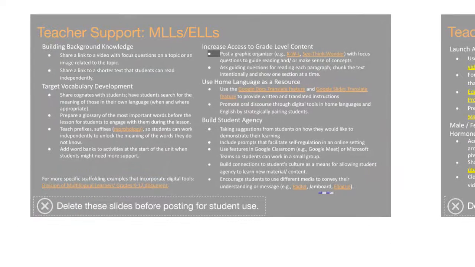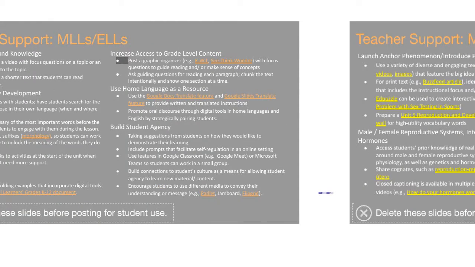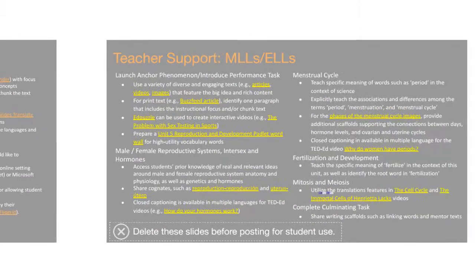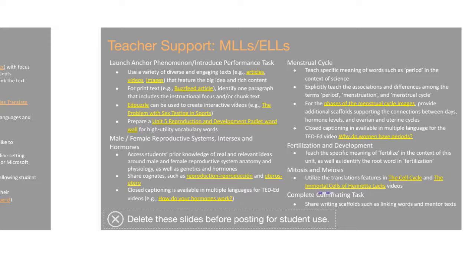Page 6 is going to offer more general strategies, whereas page number 7 is going to offer more specific strategies that pertain to the unit and the lesson that you're trying to teach following these Google Slides.